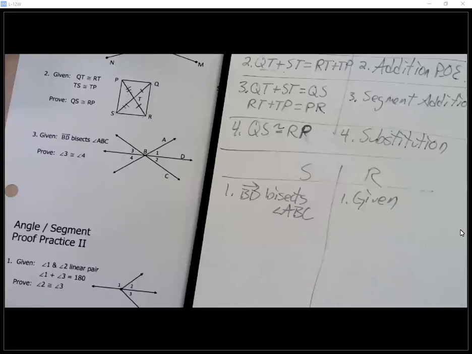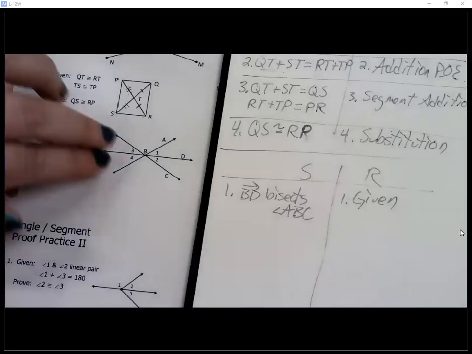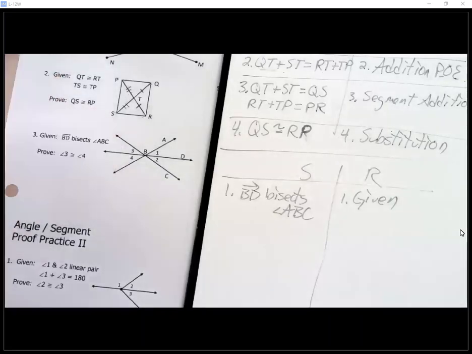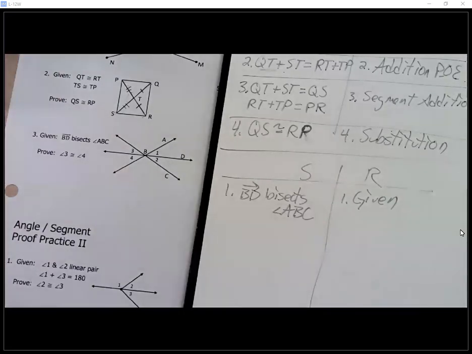All right, so let's kind of talk about this one. If I look at the diagram, I want to show that angles 3 and 4 are the same as each other. That's my end goal. All I have is that ray BD is bisecting angle ABC. Ooh, you know what?